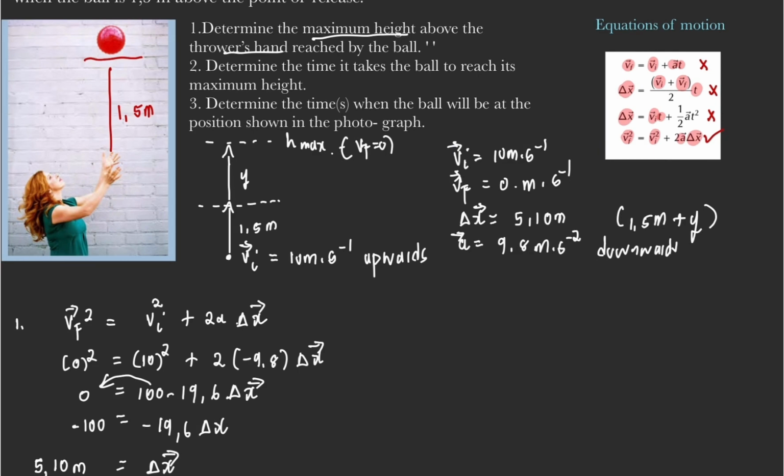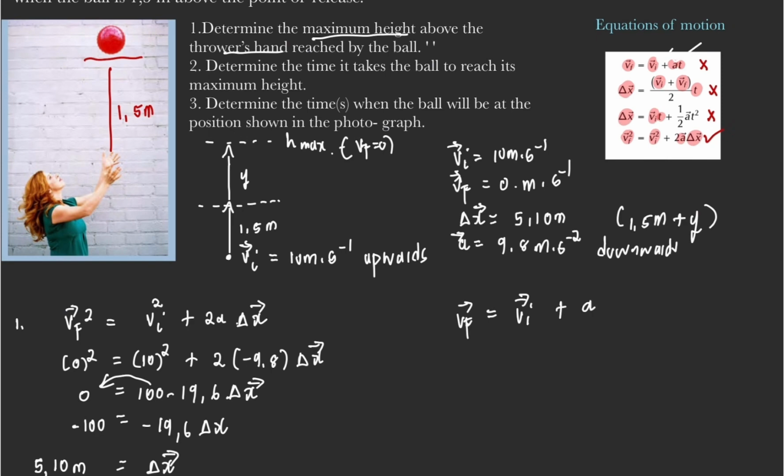Yes, we do. Do we have our final velocity? Yes, we do. Do we have our acceleration? Yes, we do. So can we use that formula to calculate the change in time? Yes, we definitely can.